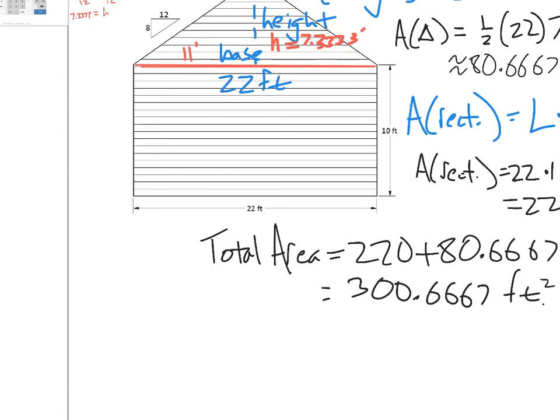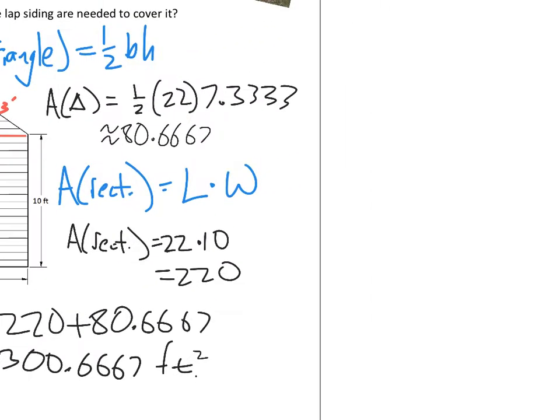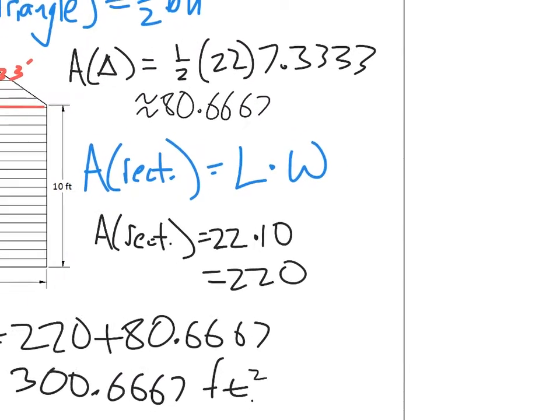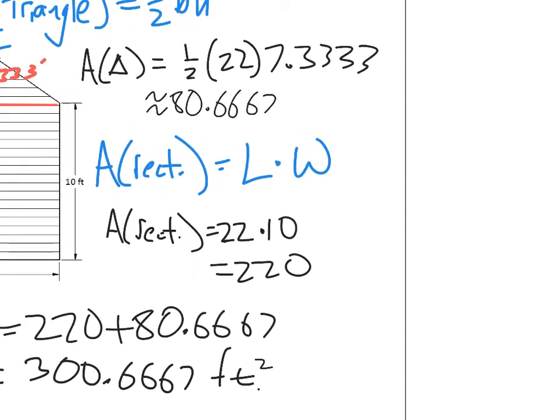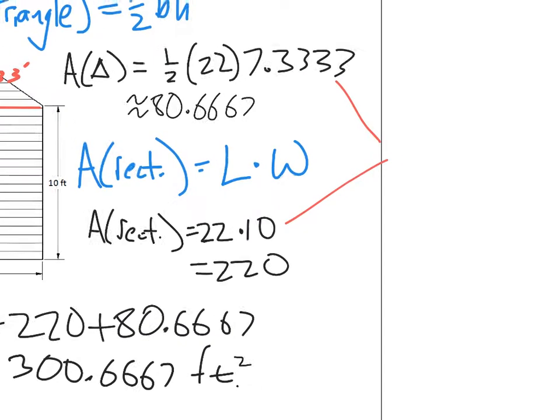Now, one little suggestion here, a little better way to do this, I want us to start to get used to this, is taking these two things and writing one formula and going to our calculator once.